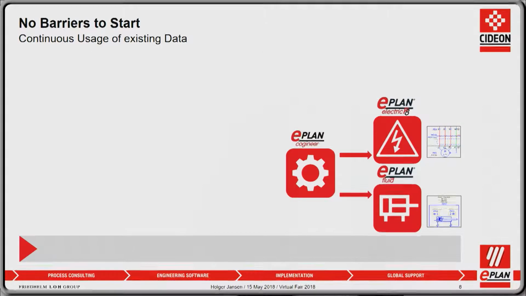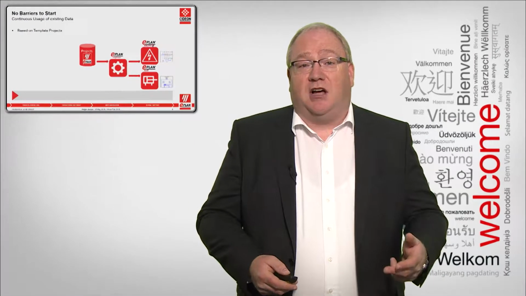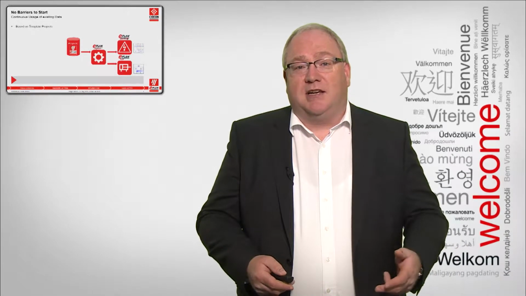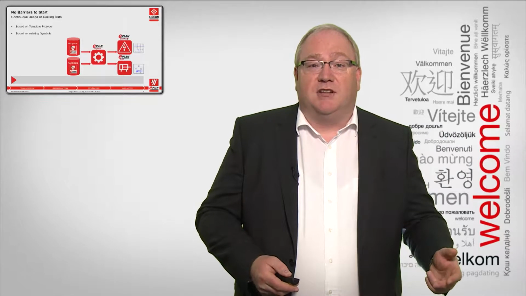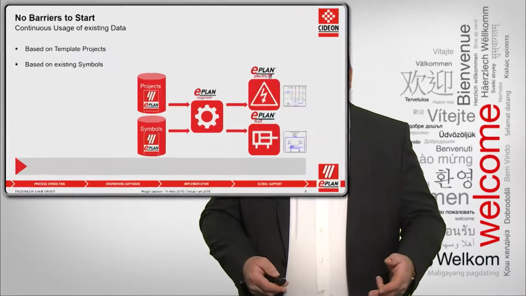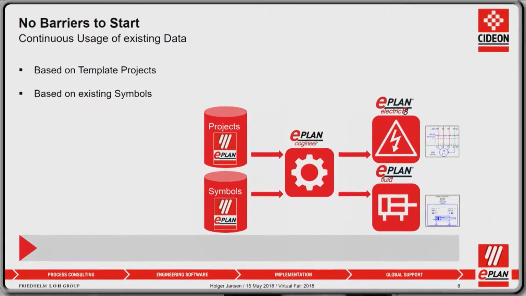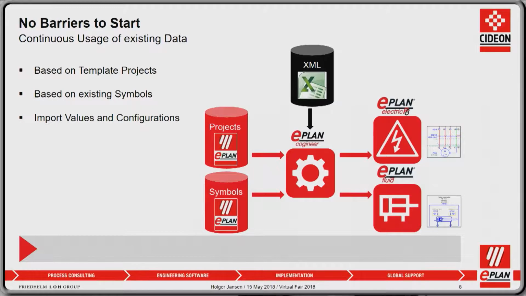How can we prove this performance promise? How can we answer the question, what makes Cogeneer so unique? Cogeneer picks the user up, it joins the user exactly where he stands today, based on his existing template projects, based on his existing macros and macro libraries, and in the newest version, in the Cogeneer Advanced, based on any XML documentation.